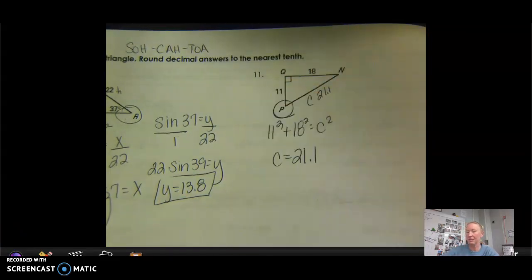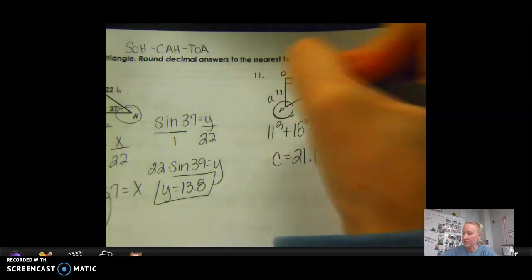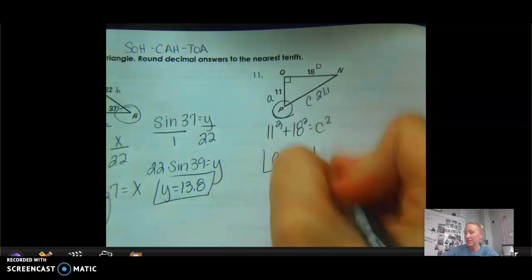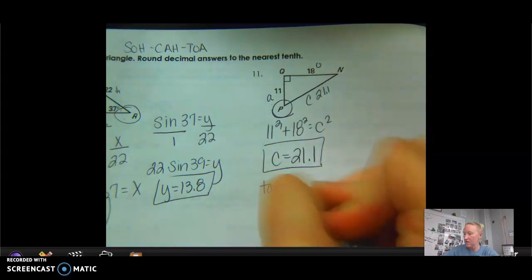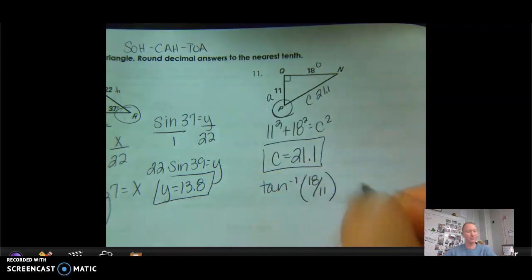So I'm going to start with angle P. I'm going to use the two sides that they gave me. So this is adjacent, and this is opposite. So the one that uses O and A would be tangent. And we're having to do a tangent inverse because we're finding angle measures. So this would be tangent inverse of O, which is 18, over A, which is 11.